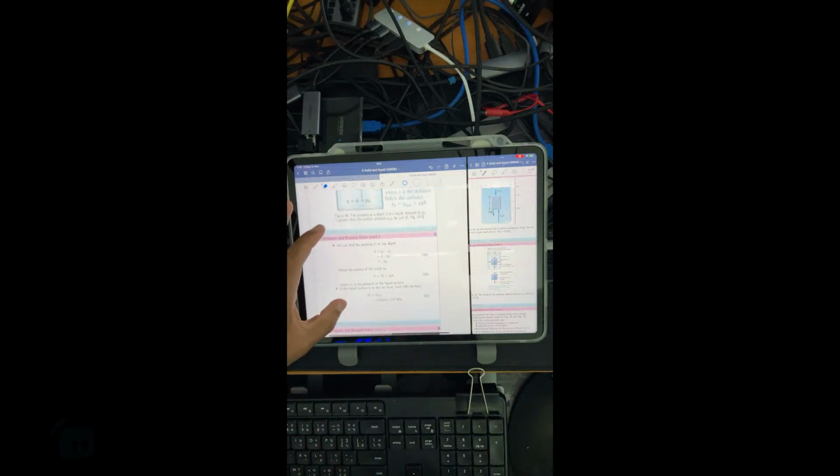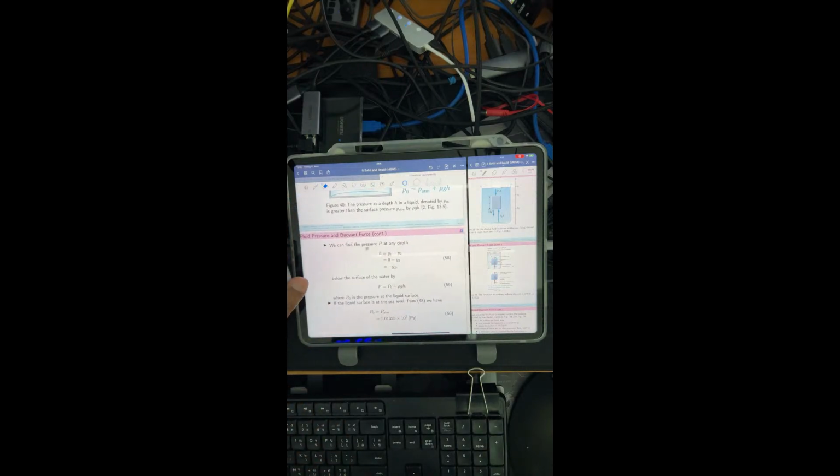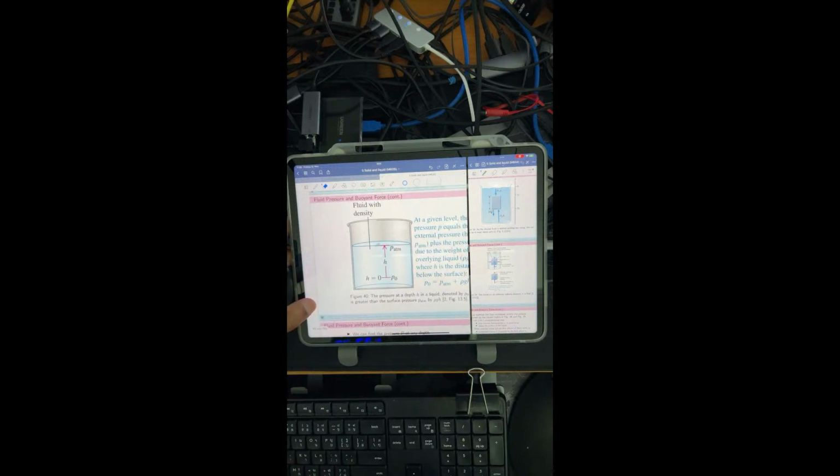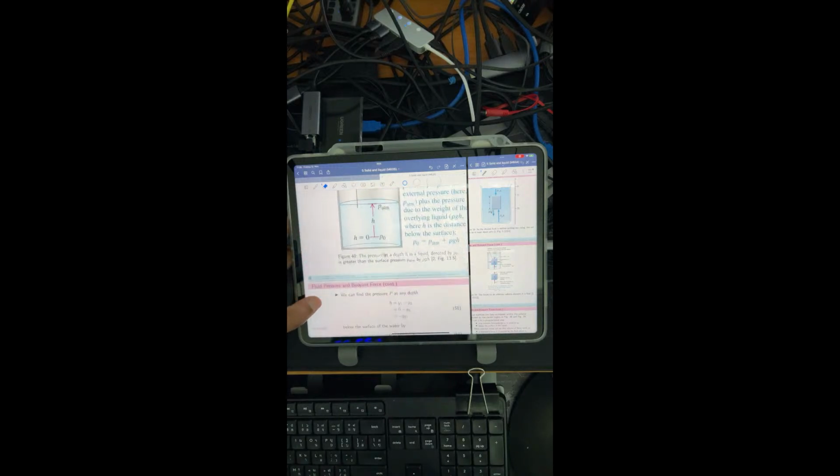Rho is the density of the fluid, g is the gravitational acceleration on Earth, and h is the height. So we have this expression: P equals P0 plus rho g h. What is P0? If we leave this glass on Earth at sea level, P0 should be P_atm, which is 1.01325 times 10 to the power of 5 Pascal.